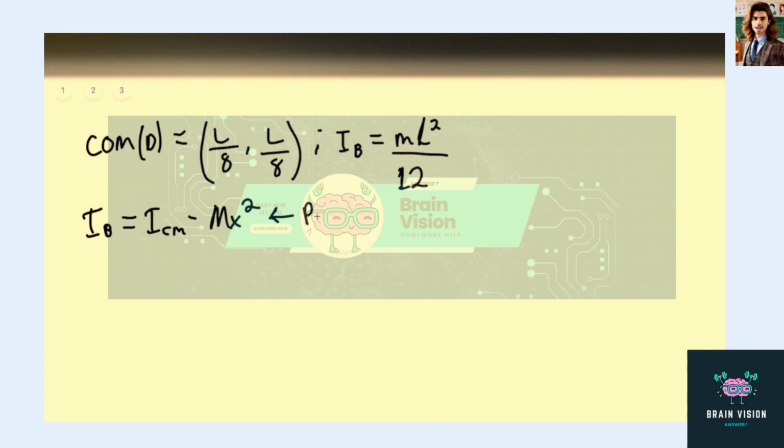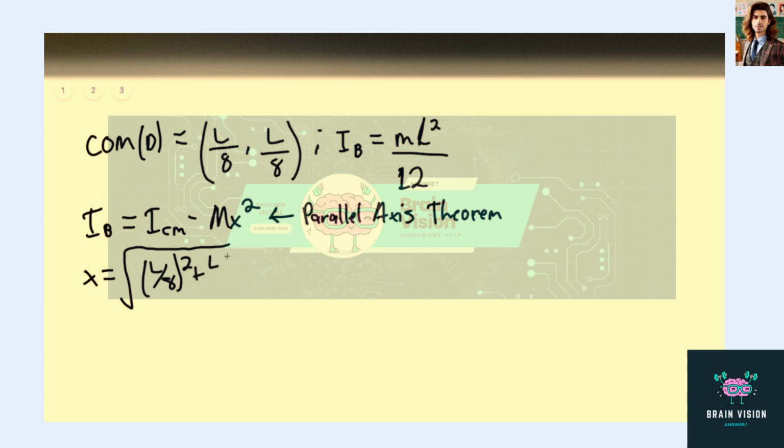This is the parallel axis theorem, where x would be the distance between the axis passing through the center of mass and the axis passing through B. And if you were to find x, x is going to be equal to L over 8 squared plus L over 8 squared, quantity to the 1/2 power.